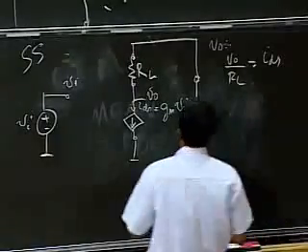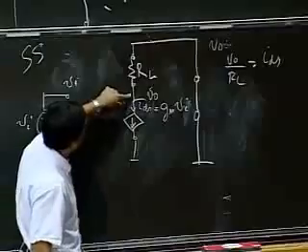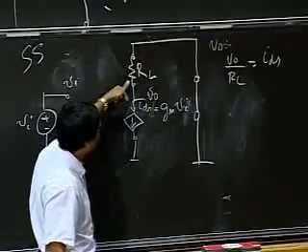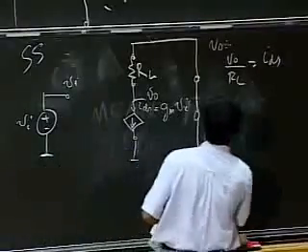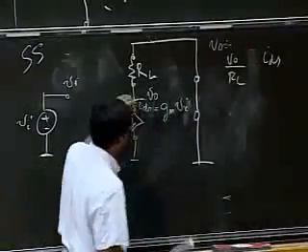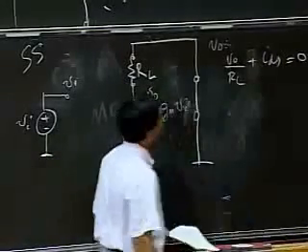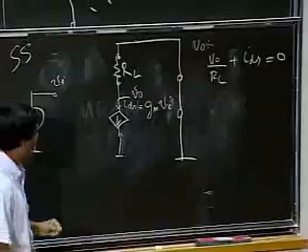Oh, I should have done this: the total current going out is 0, so the sum of these two is 0. That's my good old node method here.